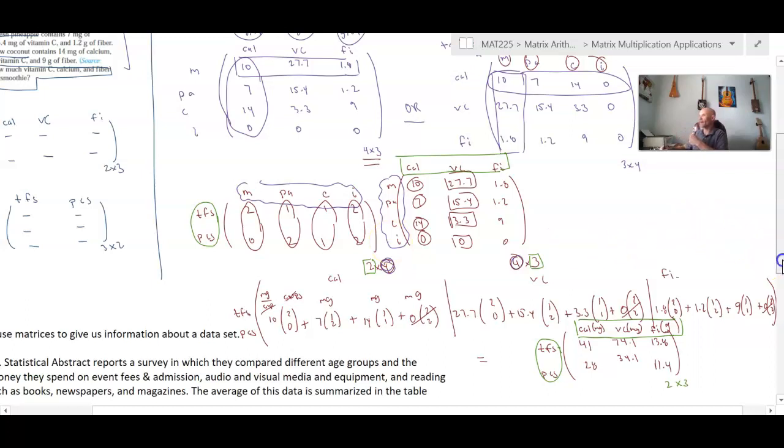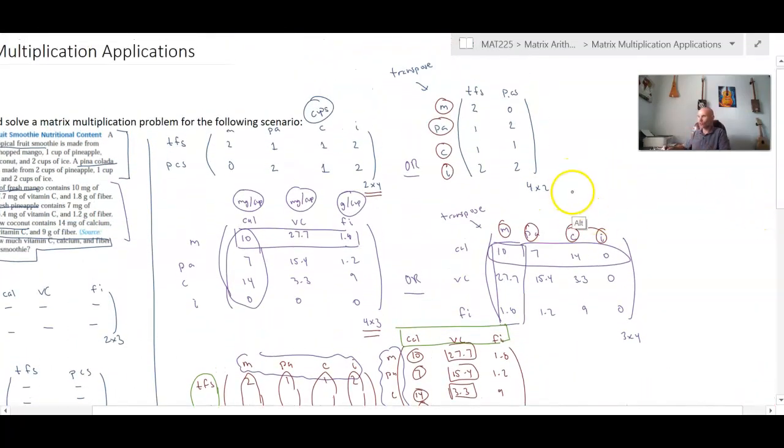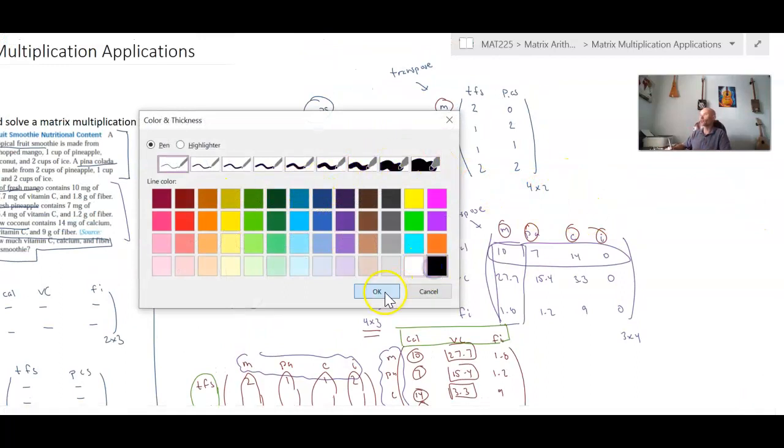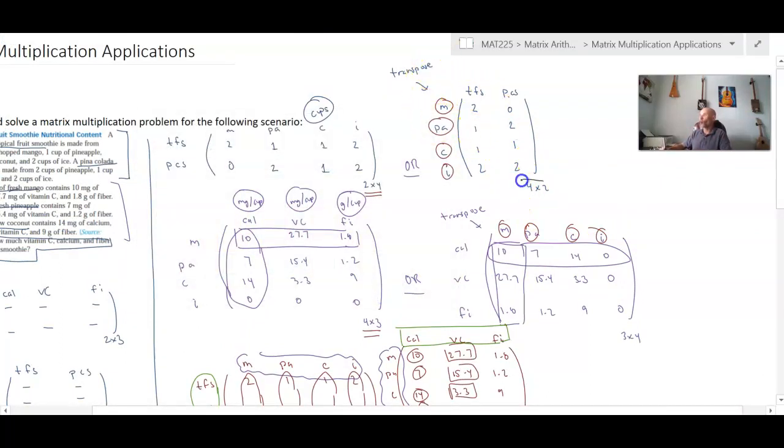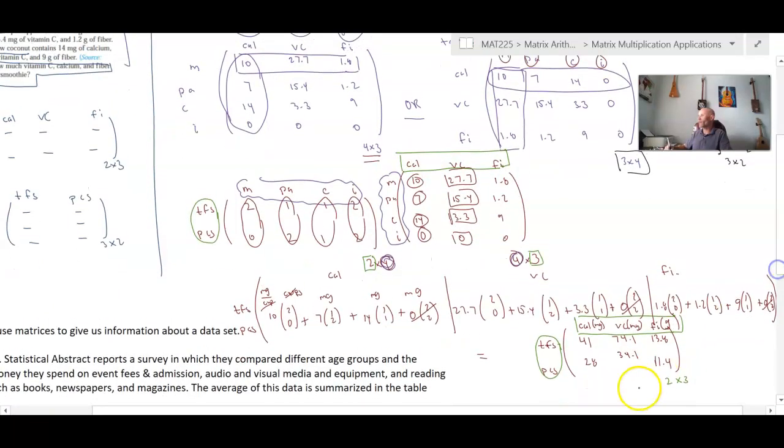Now you can just verify. Back up here, we constructed two different sets of two matrices each. If I had gone with the 4 by 2, then in order to have something to multiply it with, I can't do a 4 by 2 times a 4 by 3, and I can't do a 4 by 2 times a 3 by 4, but I can do a 3 by 4 times a 4 by 2, which would give me, since the inner dimensions match, a 3 by 2 matrix, which would give me the same information as this one.